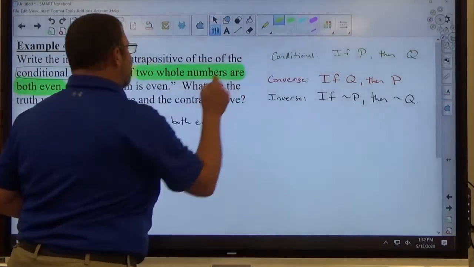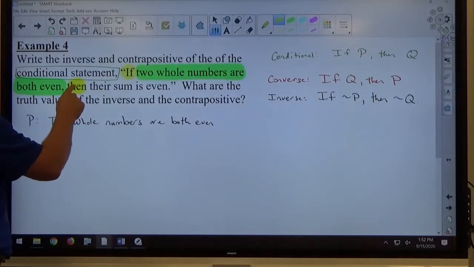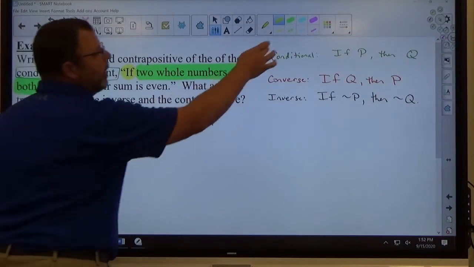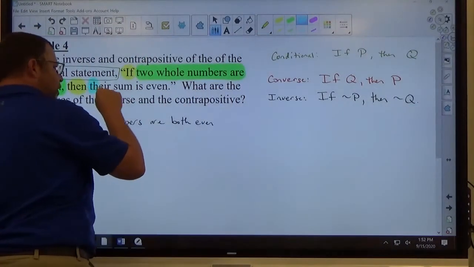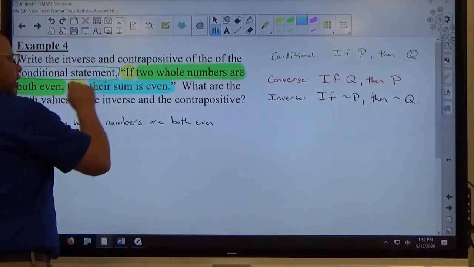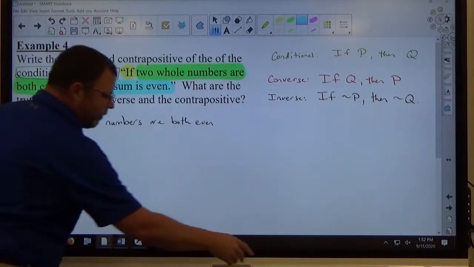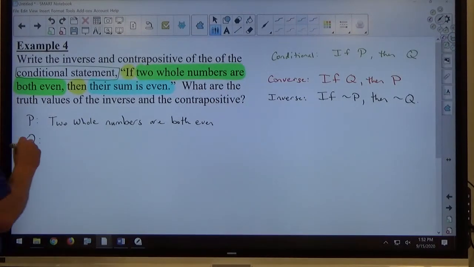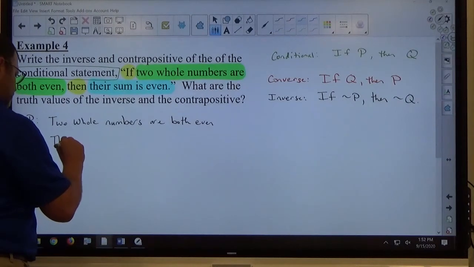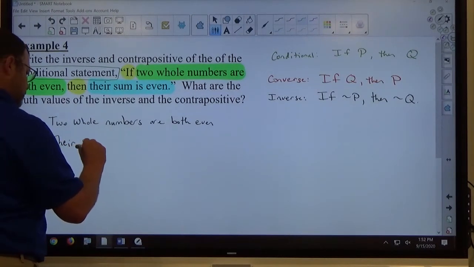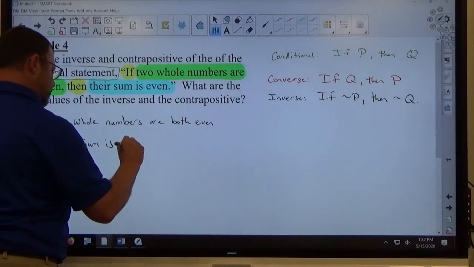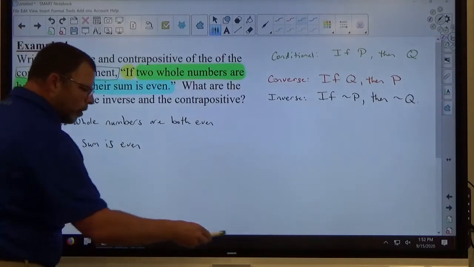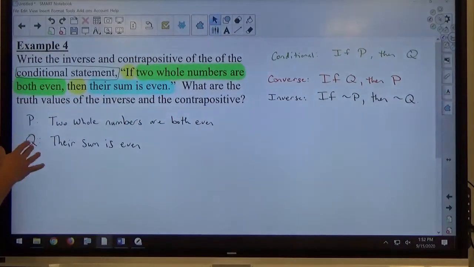If I locate the word then, the words following the word then represent the conclusion of the original conditional statement. So my original conclusion is going to be their sum is even. Now I will do one thing here I want you to get a habit of doing.